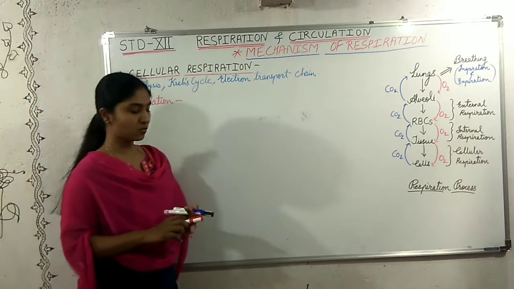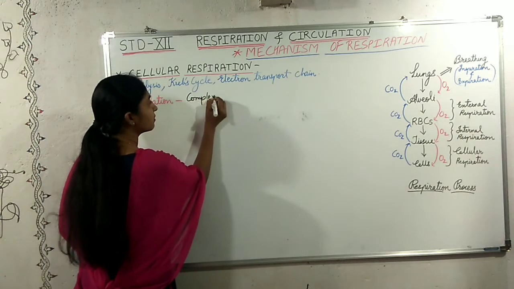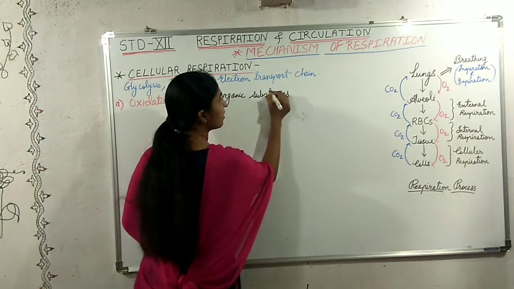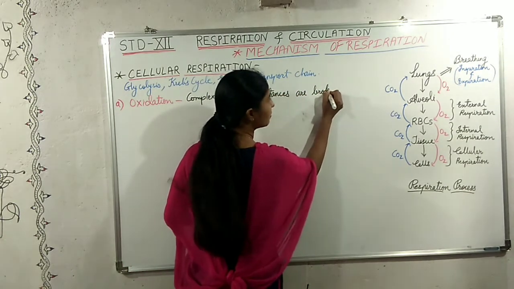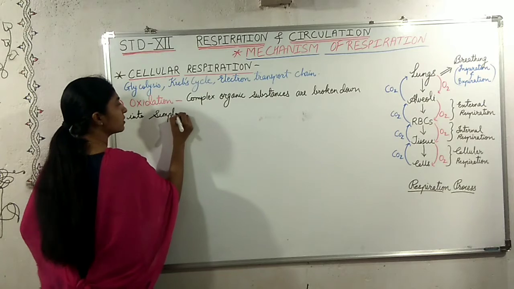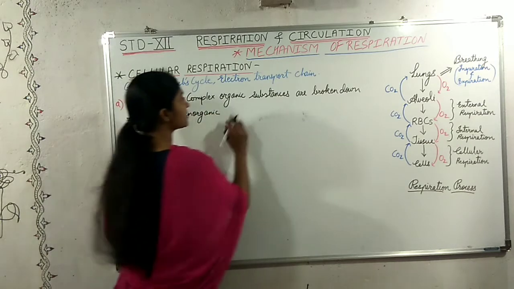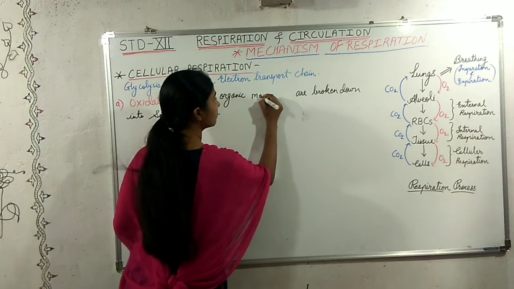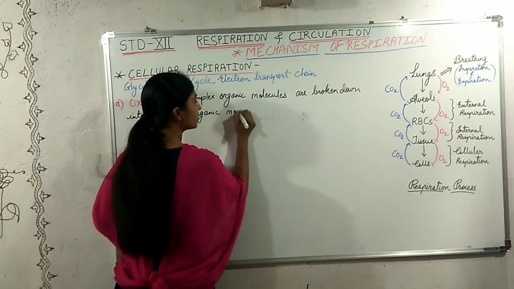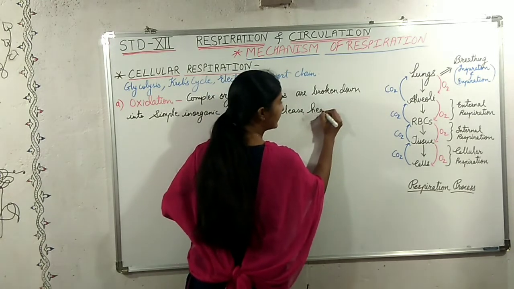Now here in this process what happens? The complex organic substances are broken down into simple inorganic substances, or you can say inorganic molecules, to release energy, heat energy.